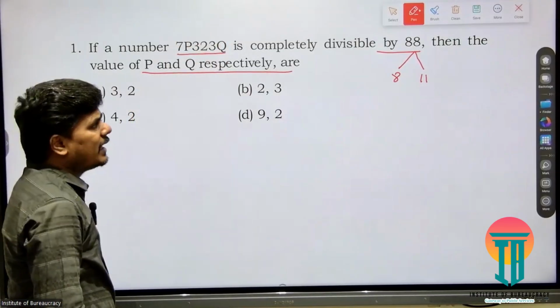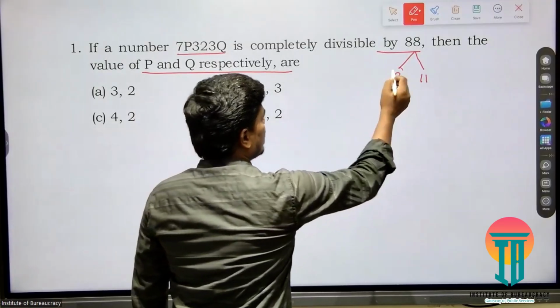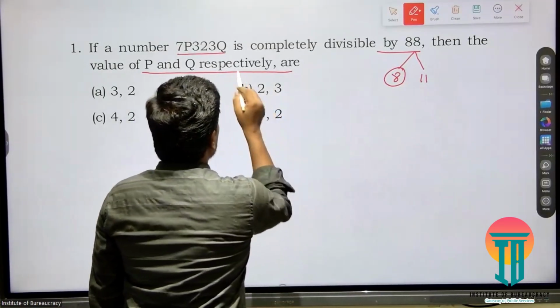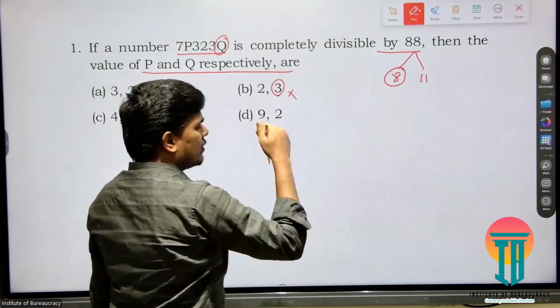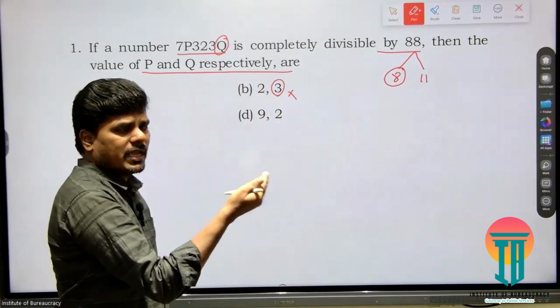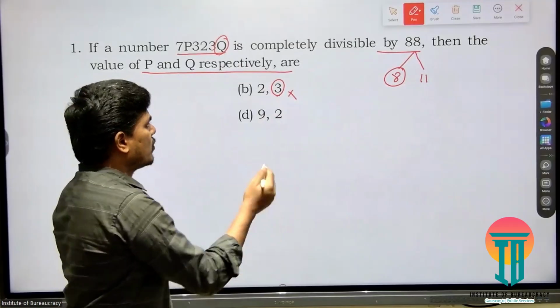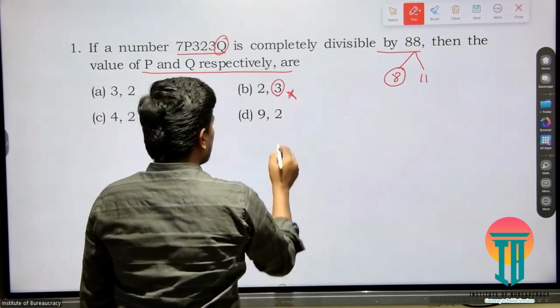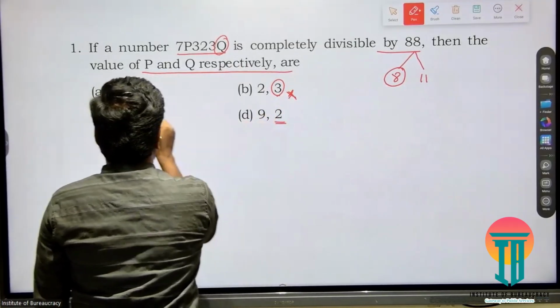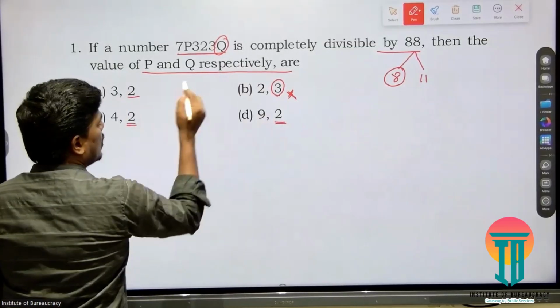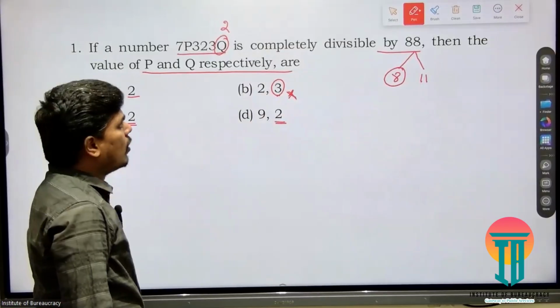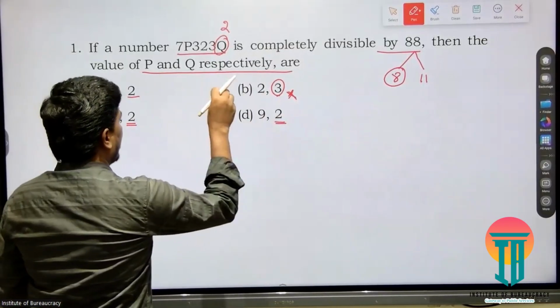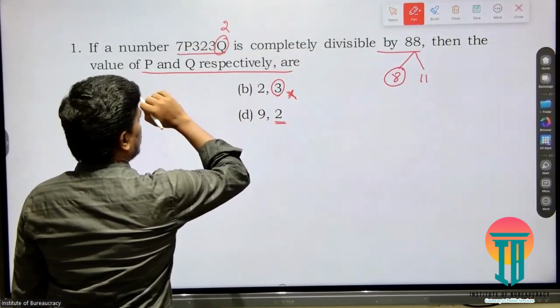If it is divisible by 8, it is definitely not going to end with 3, the ending number here. If it is divisible by 8, it should end with only an even number. Therefore, this option is not going to come. If you remove this option, the ending value is going to be 1, 2. So Q value is 2. Q is fixed now. Now we have to find only the P value.